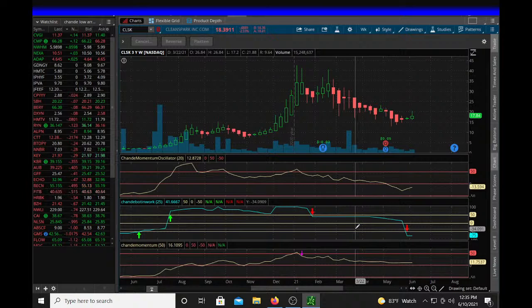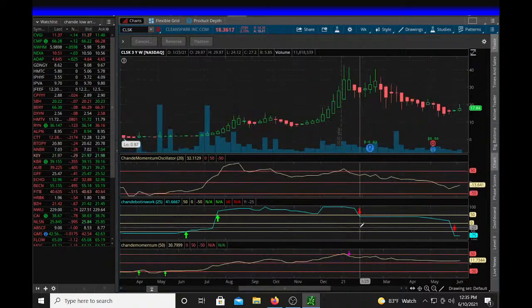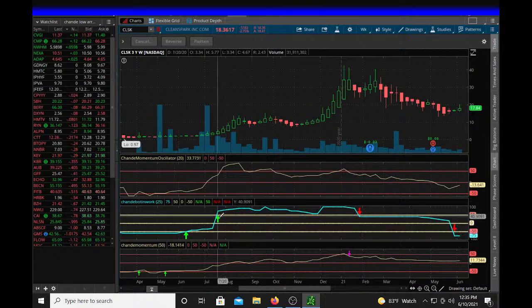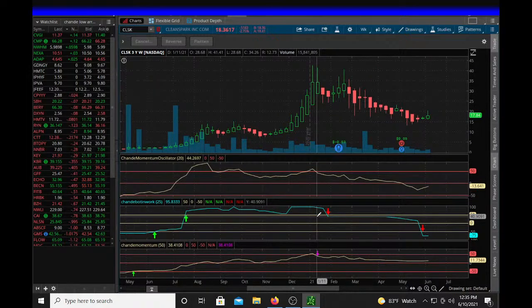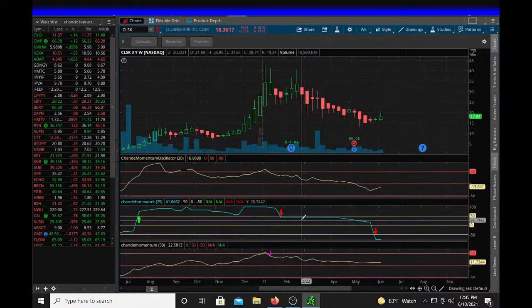But we look for these signals here. So we'll be waiting for Clean Spark to do its reversal.